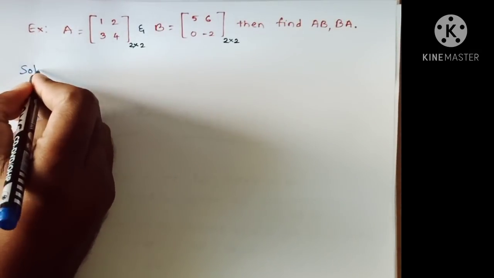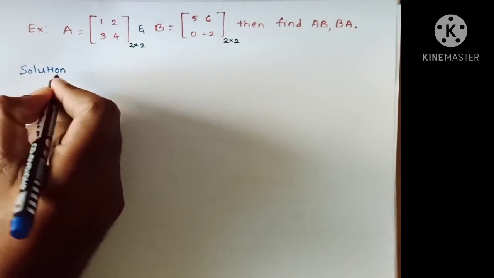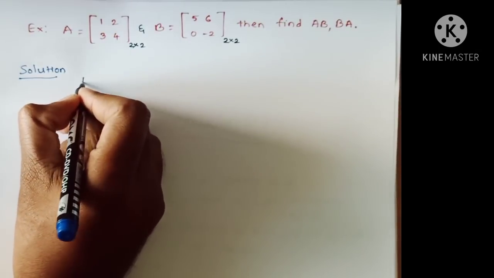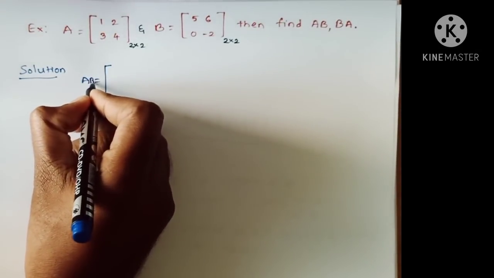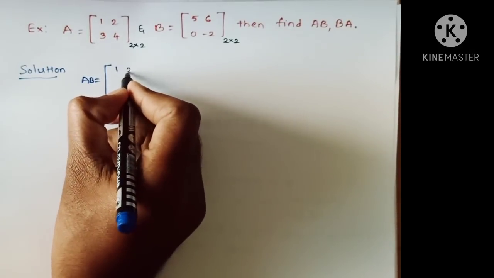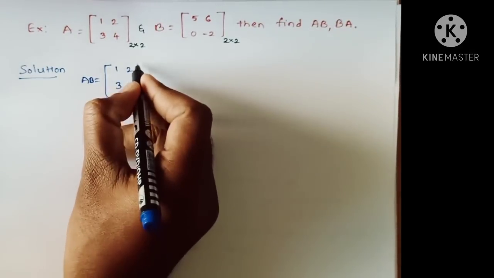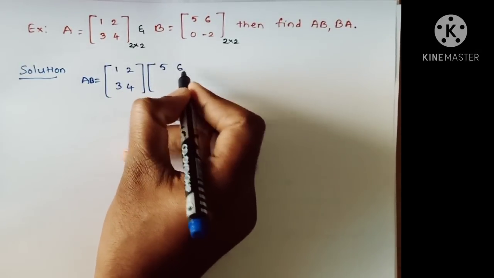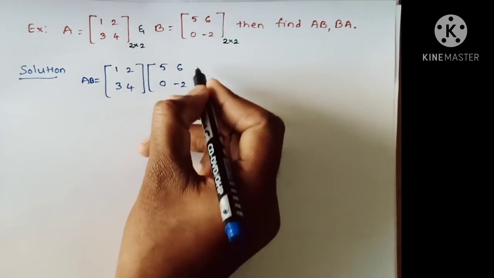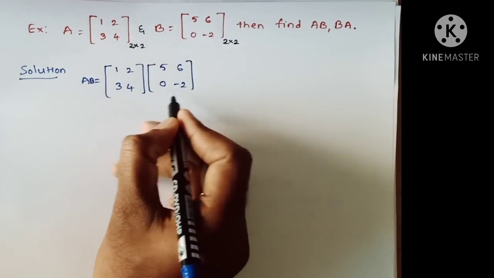Now see A into B. A into B is 1 2, 3 4 into 5 6, 0 minus 2.